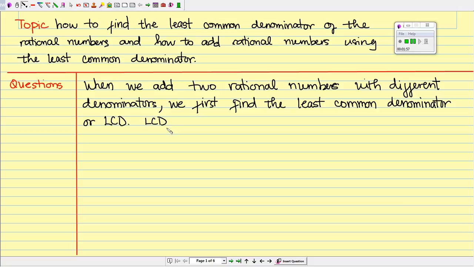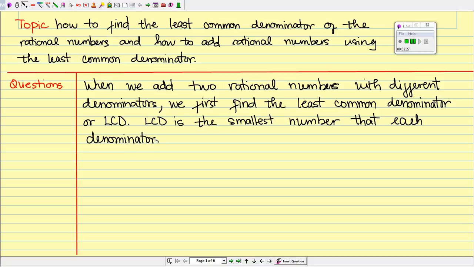LCD, or the least common denominator, is the smallest number that its denominator has a common multiple.